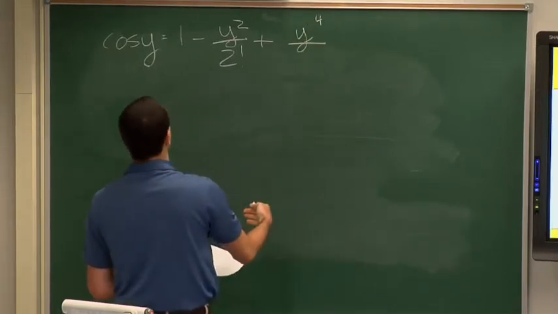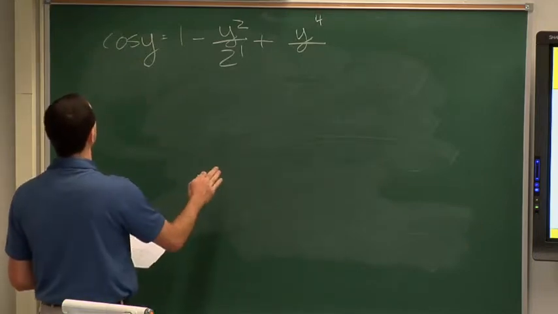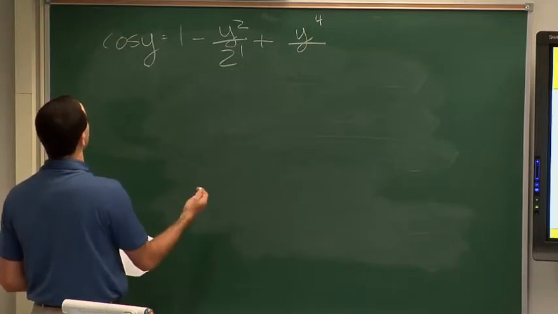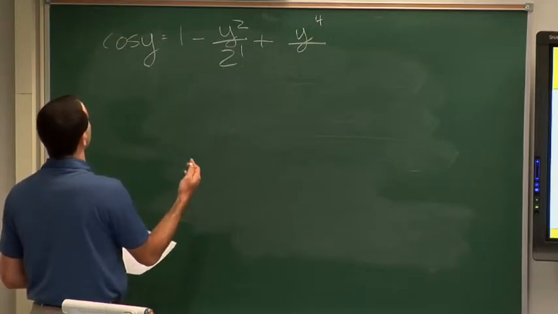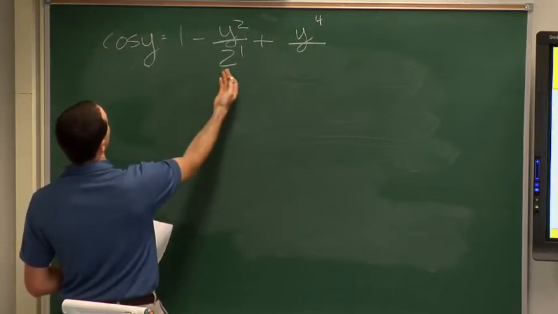Every time we have our sine function evaluated at 0, it goes to 0. Every time the cosine function is evaluated at 0, we get 1, and therefore we have a term. So we're skipping powers.